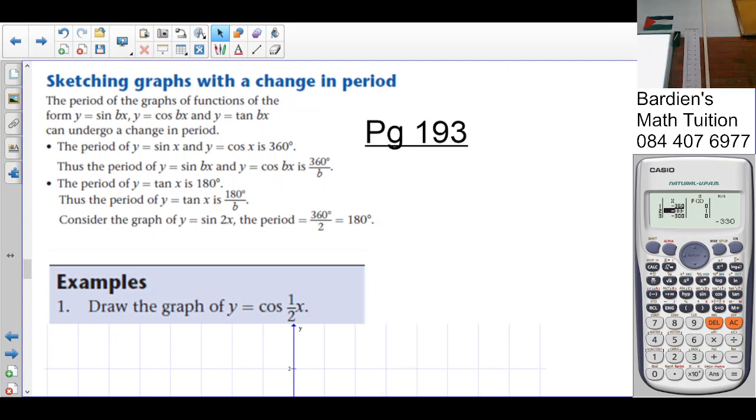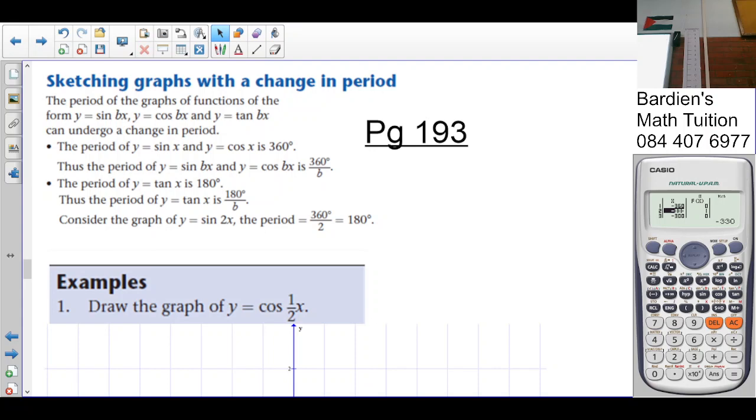The period of the graph of a function in the form y equals sin bx, y equals cos bx, and y equals tan bx can undergo changes in period. The period of y equals sin x and y equals cos x is 360 degrees. Thus the period of y equals sin bx and y equals cos bx is 360 divided by b.